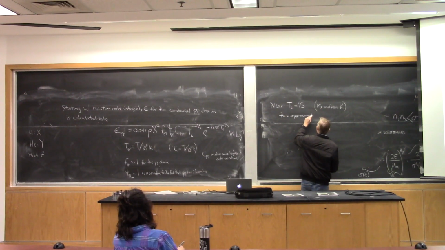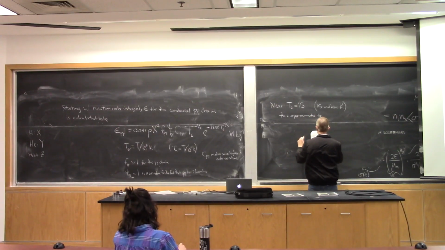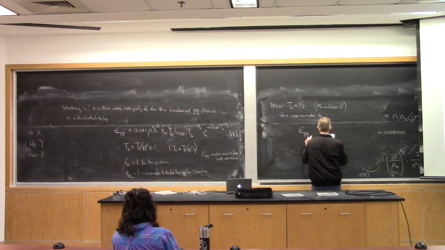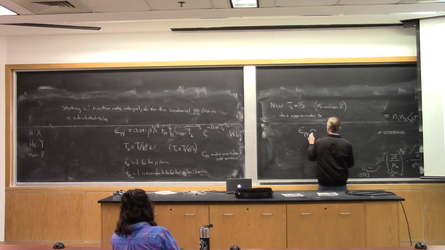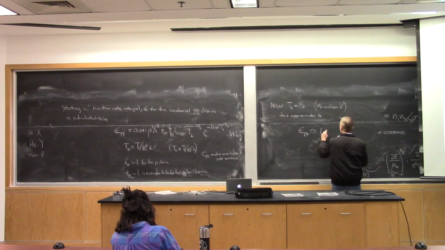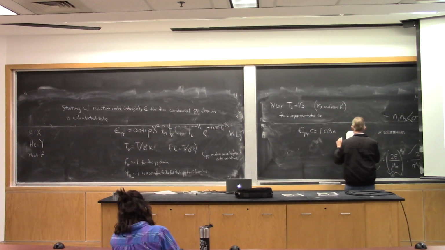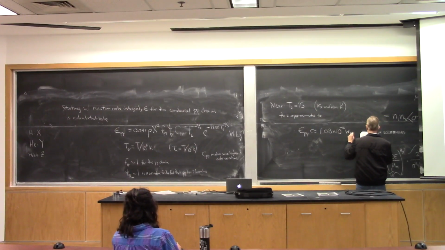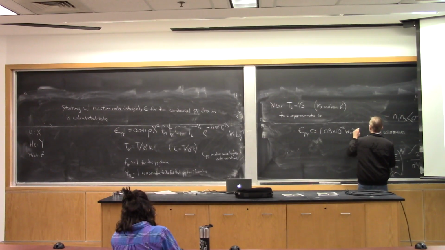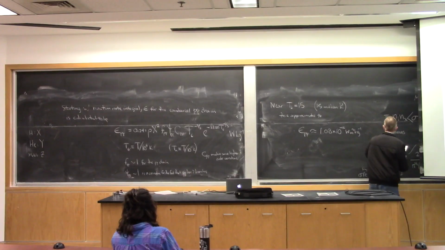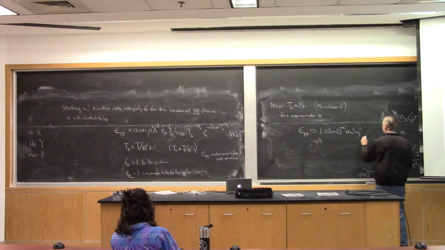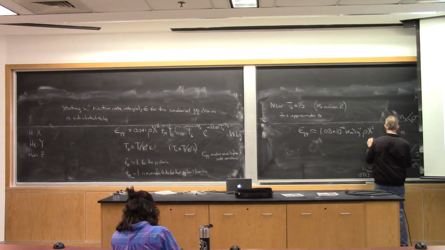This approximates to epsilon PP being about 1.08 times 10 to the minus 12th power watts meter cubed per kilogram times rho X squared, psi PP, which is about 1, F PP, which is about 1.